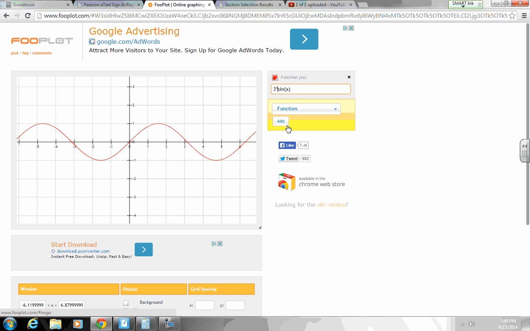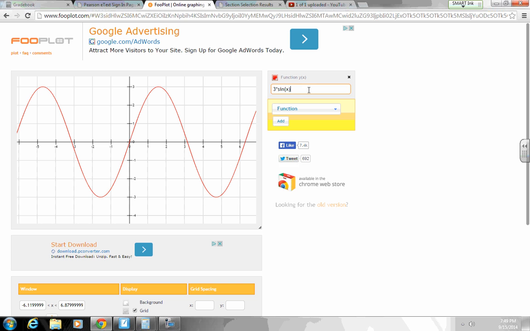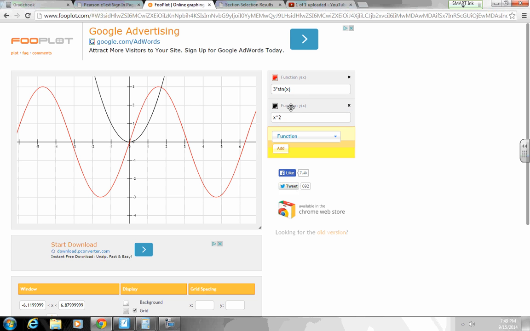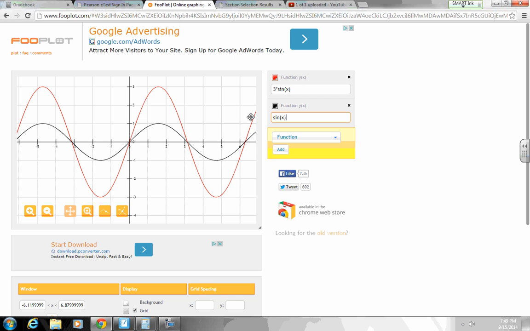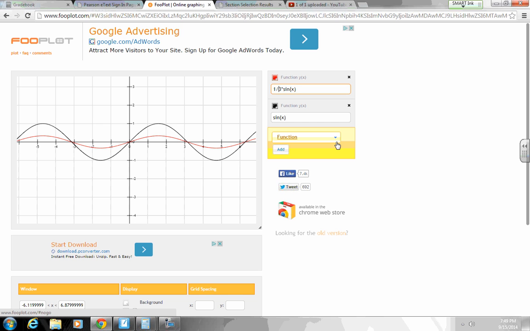So if I actually do that, that's what happens. If I just add the sine x as a reference, everything's stretched vertically, right? That's what our rule suggests. If I go 1/3, everything will shrink vertically.